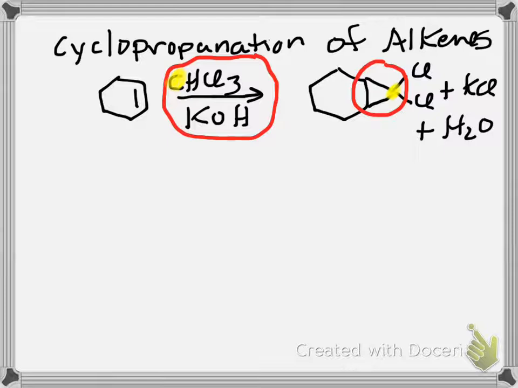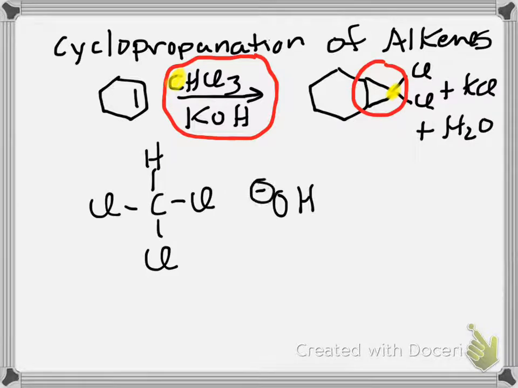So if you write out CHCl3 and react this with OH minus, the potassium, of course, is just functioning as a spectator ion. If you look over at the products, you'll notice that water has been formed. So that strongly suggests that OH minus is going to function as a base.